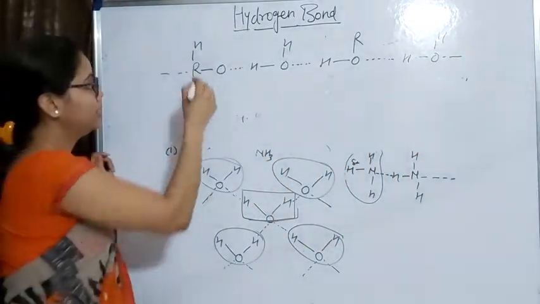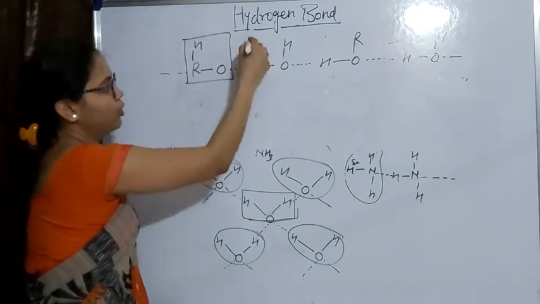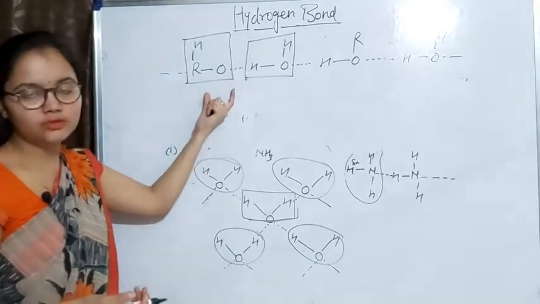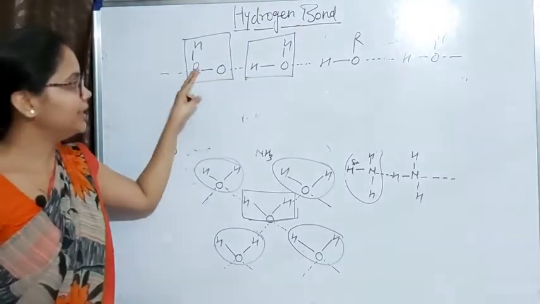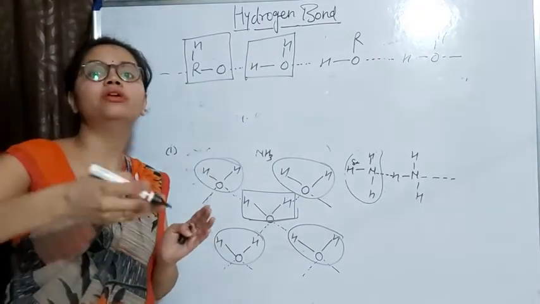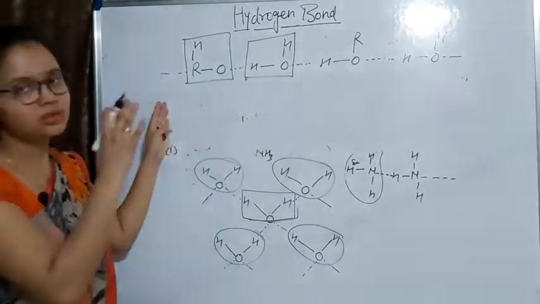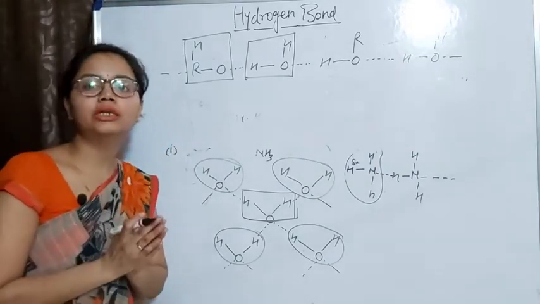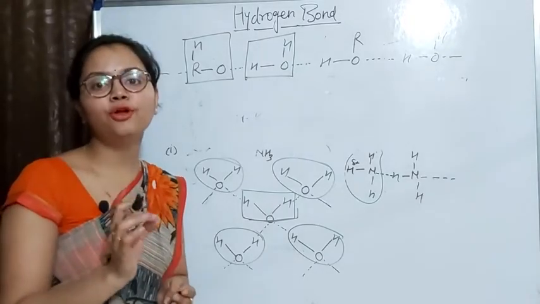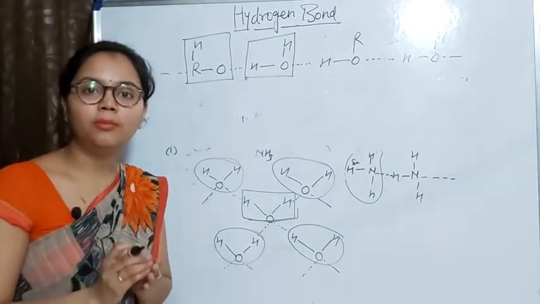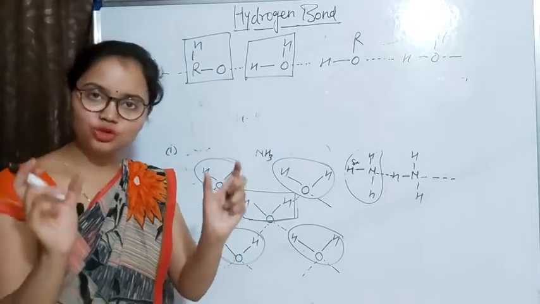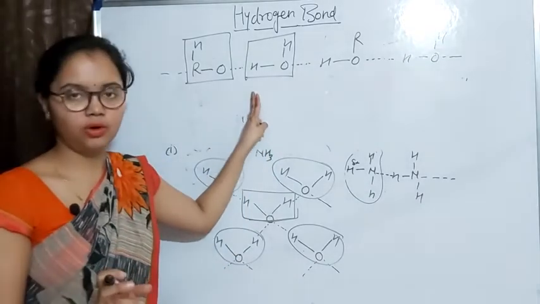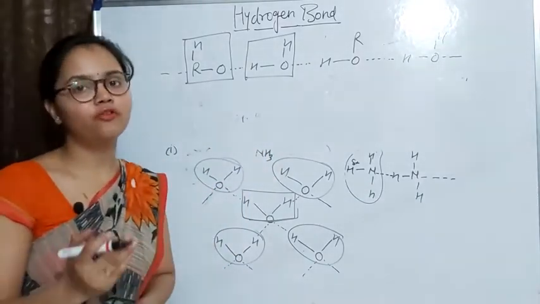This is one molecule of alcohol and this is another molecule of water. So here hydrogen bond is formed between two different molecules, and these two different molecules belong to different substances also. So this bond will also be considered an intermolecular hydrogen bond. So what is an intermolecular hydrogen bond? It is the bond which forms between two different molecules, and these can be of the same substance or of different substances, like this. This is the first type of hydrogen bond.